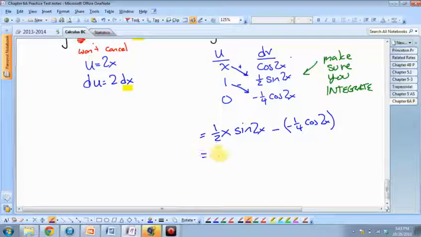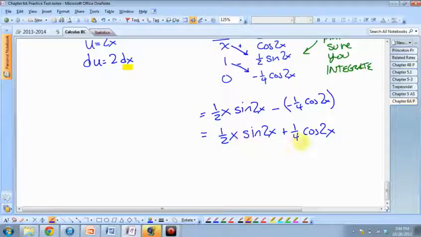All right, that gives me 1/2 x sine 2x plus 1/4 cosine 2x. LCD is 4. I'll factor out a 1/4. That gives me 1/4 times 2x sine 2x plus cosine 2x.